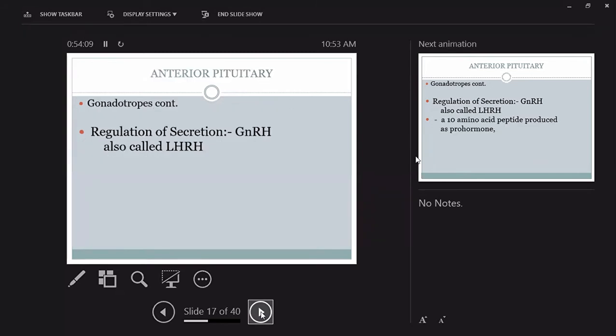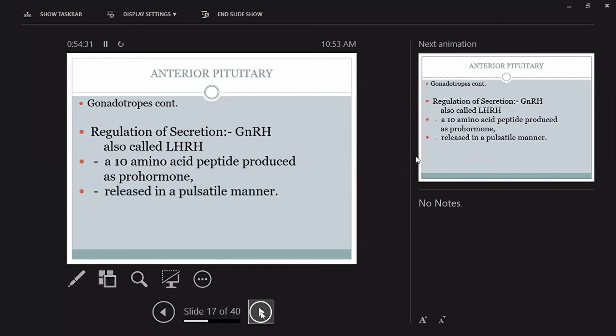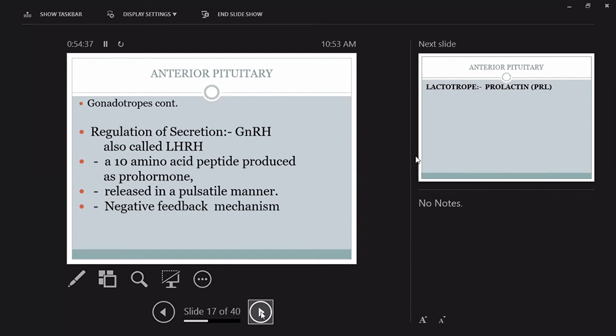Regulation of secretion of gonadotropin releasing hormone and luteinizing hormone releasing hormone: they are produced as prohormone, released also in a pulsatile manner, and use a negative feedback mechanism.